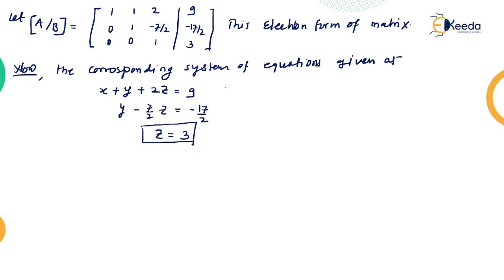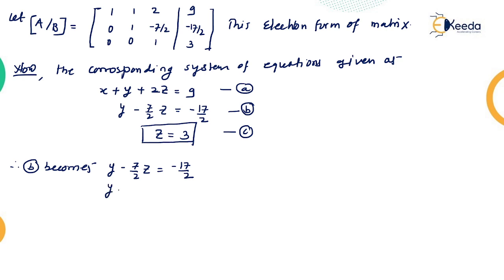Consider this as equation a, this as equation b, and this as equation c. Substituting the value of z in equation b: y minus 7 divided by 2 into 3 is equal to minus 17 upon 2.